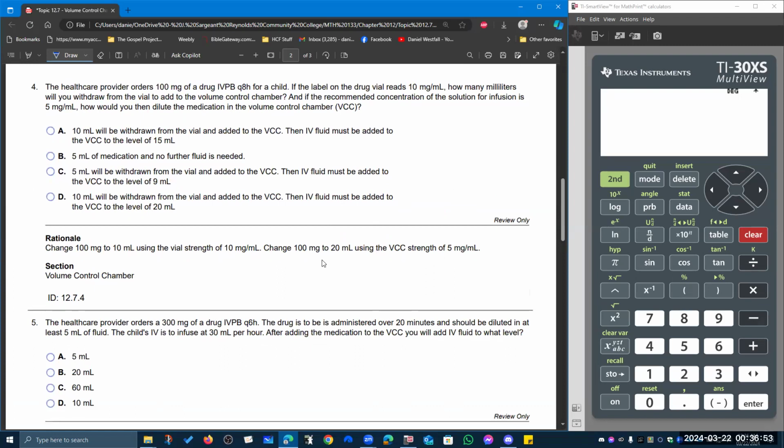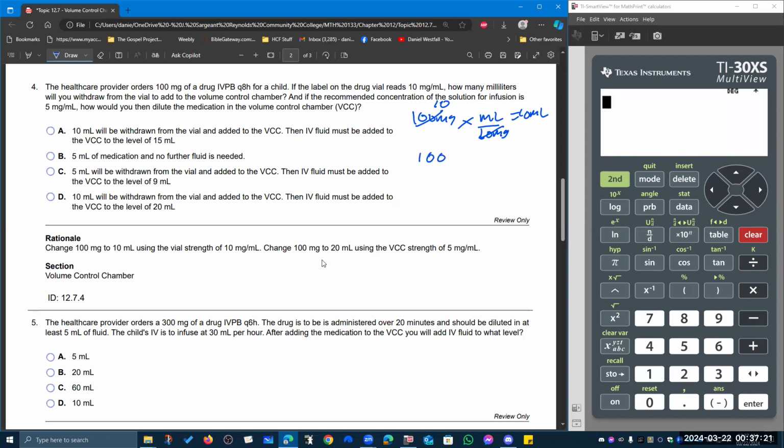Healthcare provider orders 100 milligrams of drug, IVPB every 8 hours for a child. Label on the drug says 10 milligrams per milliliter. And so 10 goes into 100 10 times. I have 10 milliliters that I'm going to withdraw from the vial.